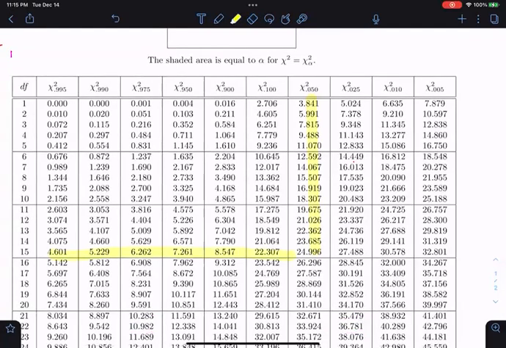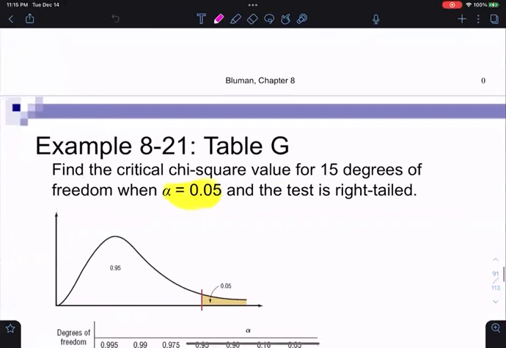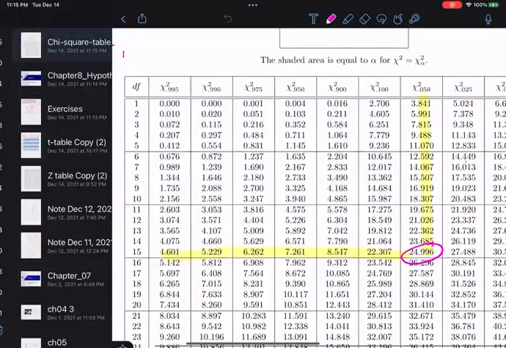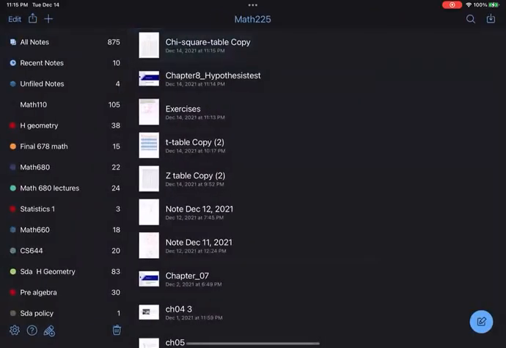So it's 24.99. That's how you find it. Let me double check: 15 degrees of freedom, right tail test, 0.05. So that's 24.99.